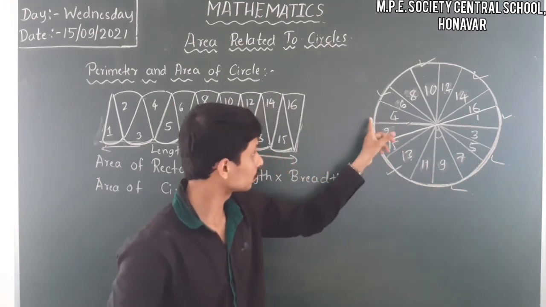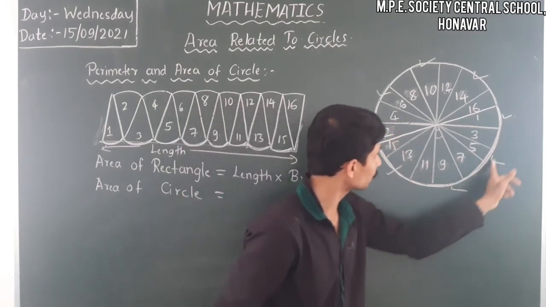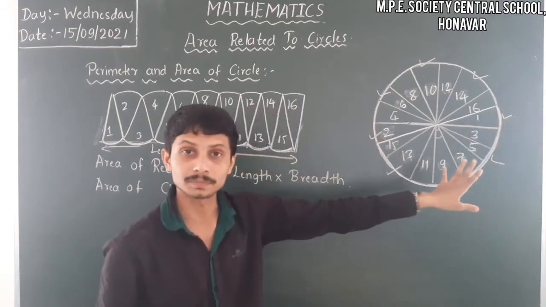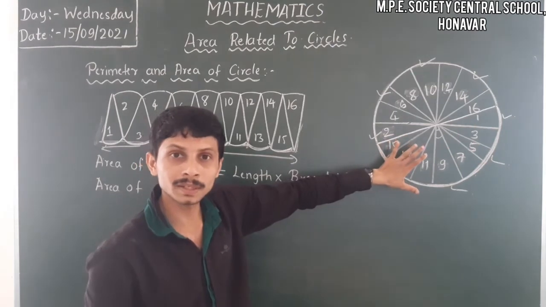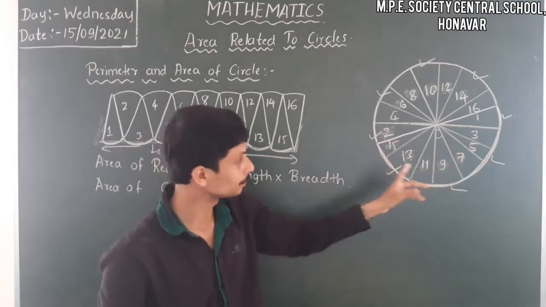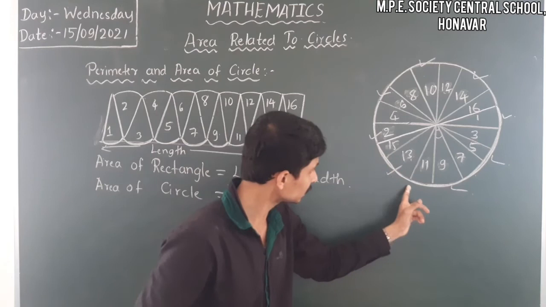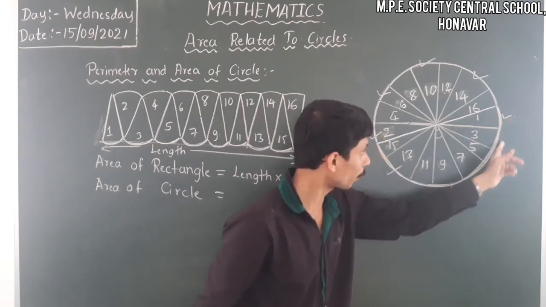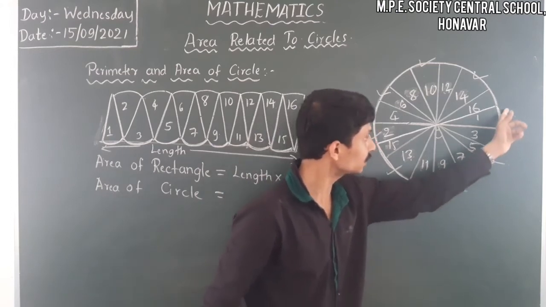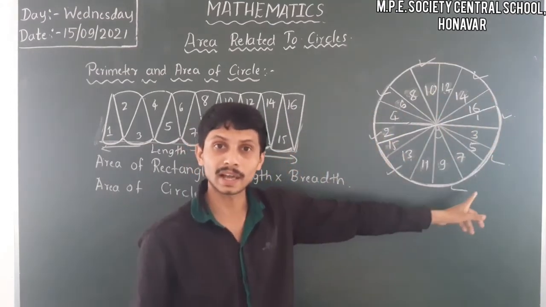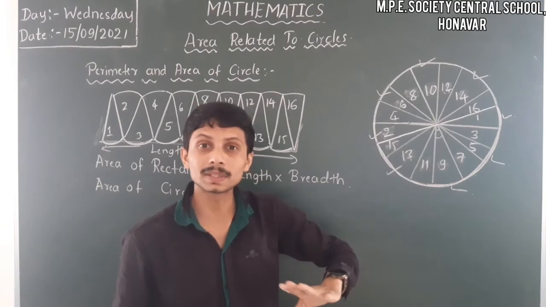When you take this part, it is half of the circumference. This part is a complete half circle, so we can take half of the area. This collection of points, the total distance covered along this curved line, is nothing but half of the circumference.